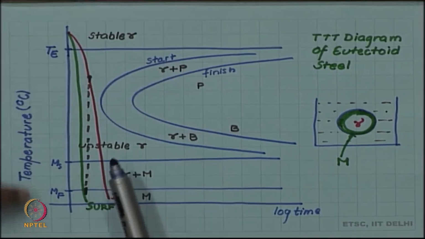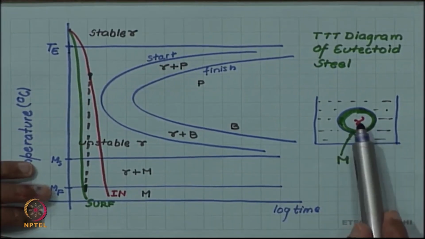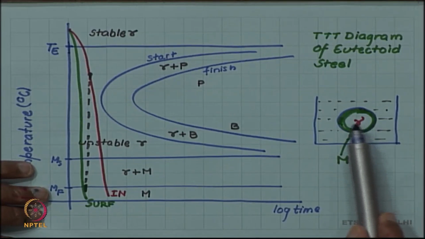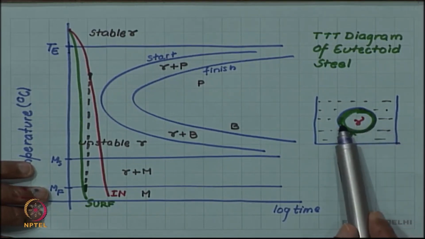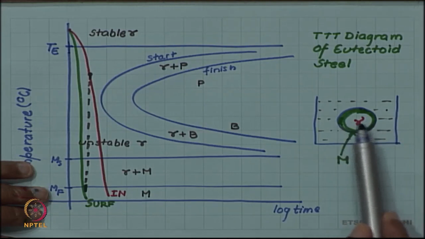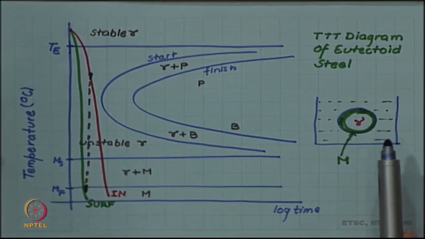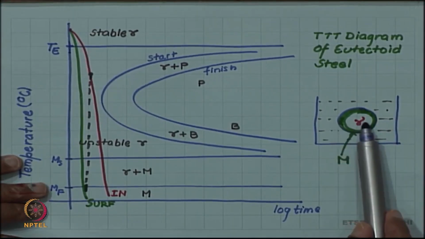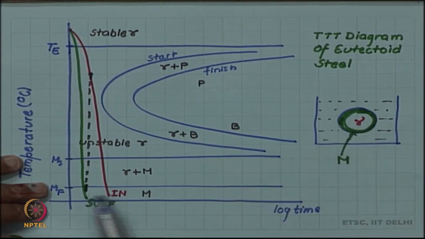But then you can see that this was happening because the whole sample was not able to transform to martensite at the same time. The surface transformed first and subsequently the inside transformed. So, if we can in some way equalize the temperature of surface and inside, then this problem can be removed.